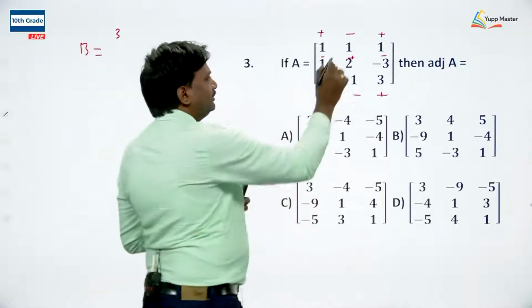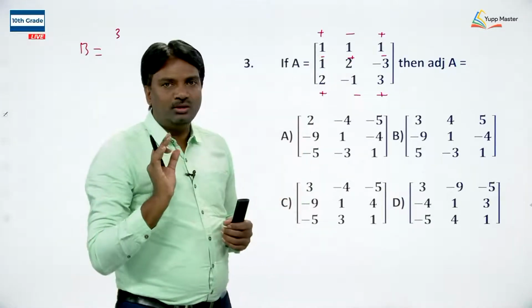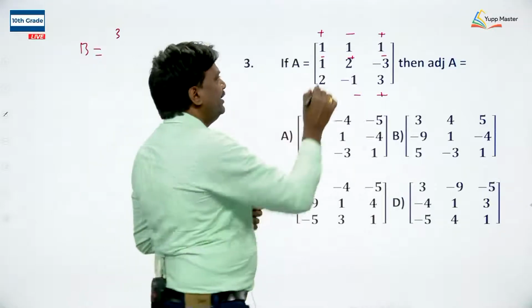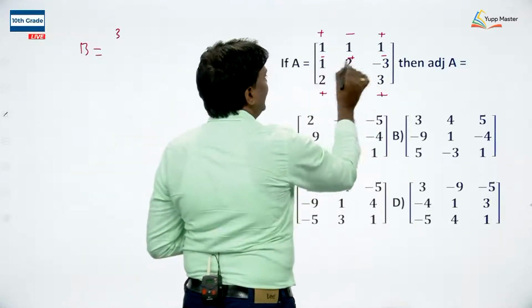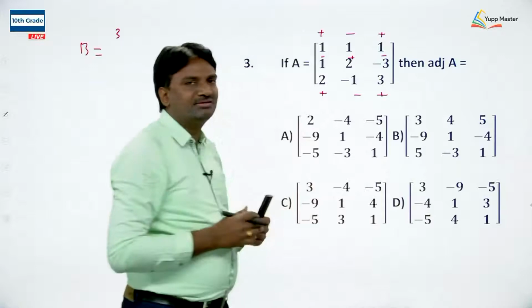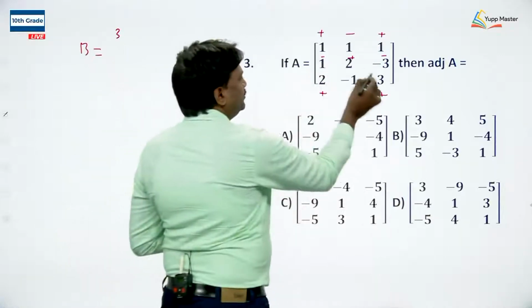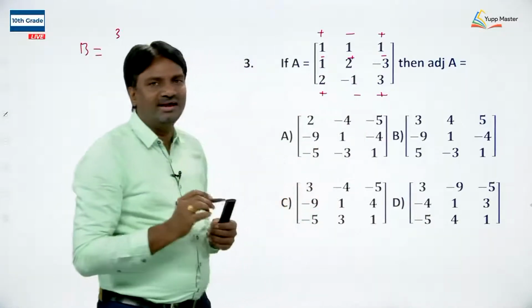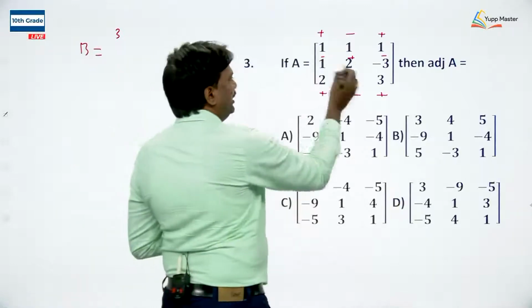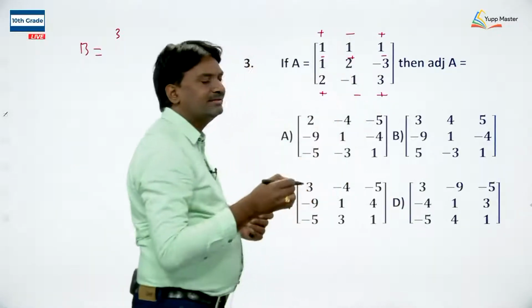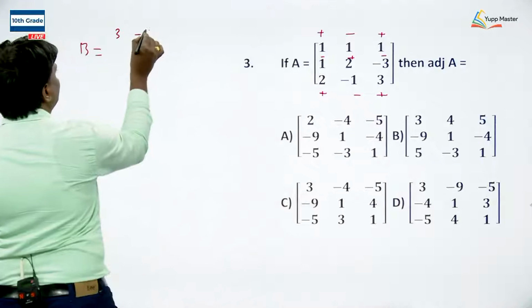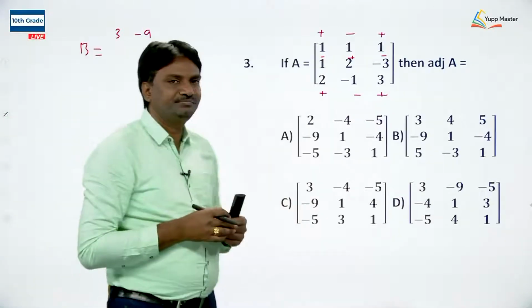Next, take the element 1. To find the cofactor of 1, let us eliminate the row and column containing 1. The remaining elements are 1 minus 3, 2 3. So 1 into 3, 3, 2 into minus 3, minus 6, minus of minus plus 6, 3 plus 6, 9, but here minus is there, so that is minus 9.